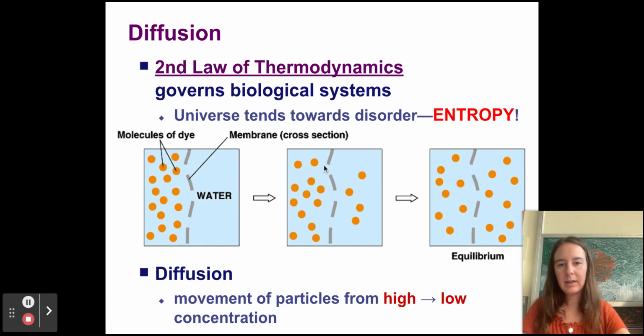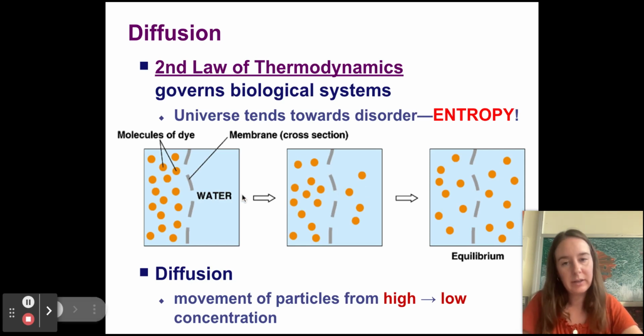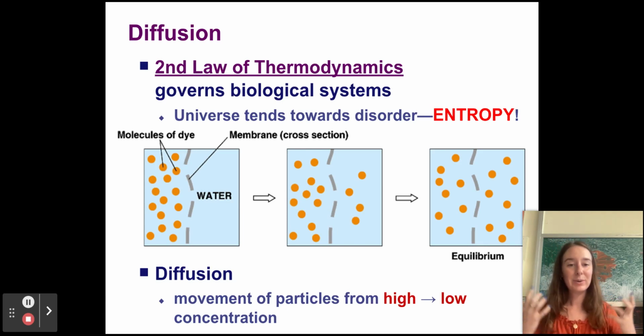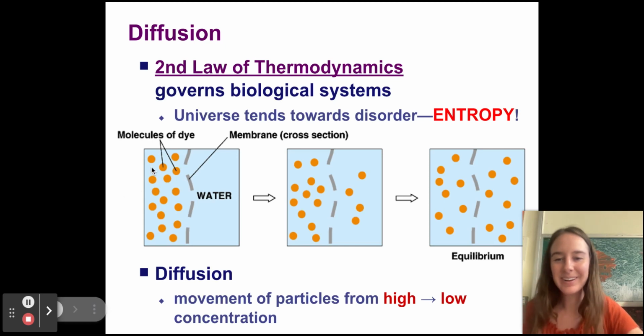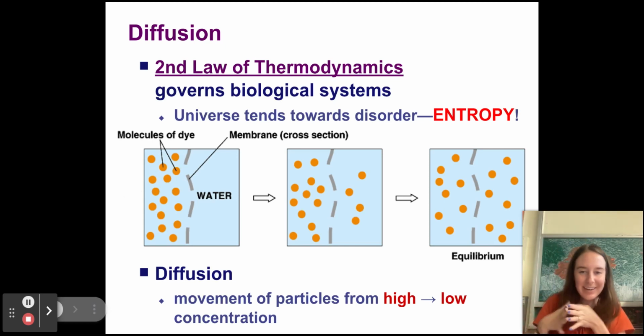Well, notice that the molecules are small enough to get through the spaces between the membrane, so they can get in and out. And they're kind of going back and forth. But eventually, according to the law of thermodynamics, the universe tends towards disorder. At the beginning, all the molecules were nicely, neatly packed on one side, all organized, kind of like your clothes staying in your closet.